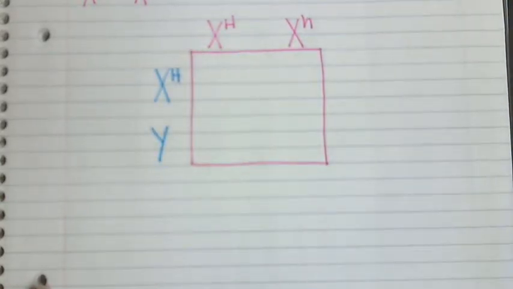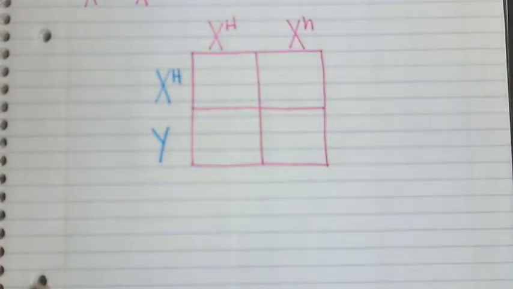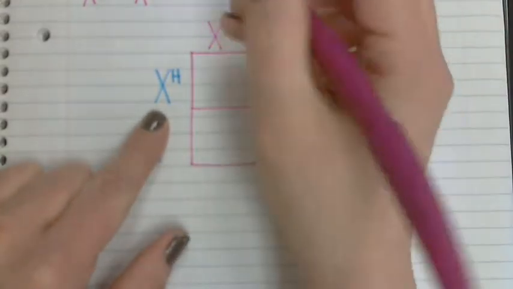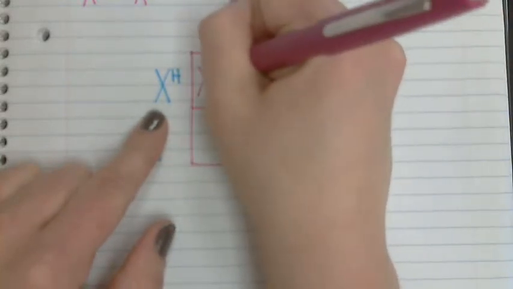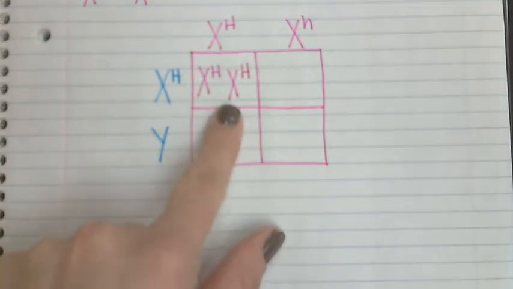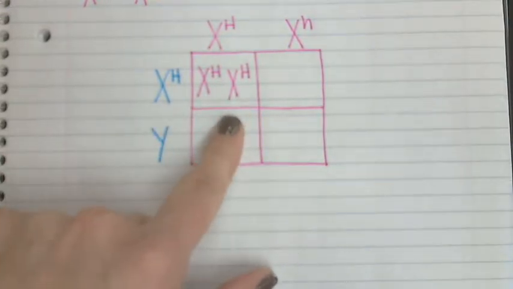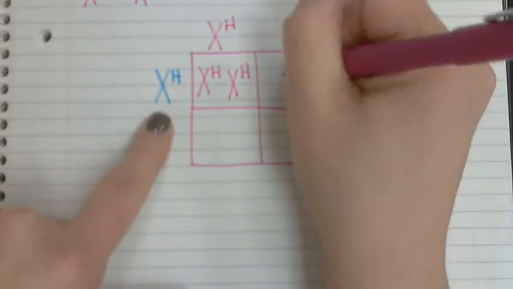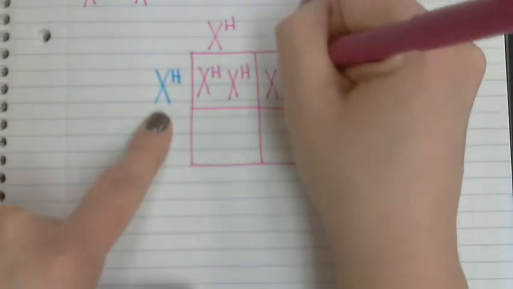And we're going to cross these. So for our first one, we're going to get an individual, a little girl, who's normal. She doesn't carry the disease. She doesn't have hemophilia at all. We're going to get another little girl who's a carrier.